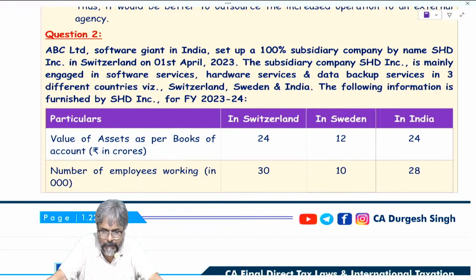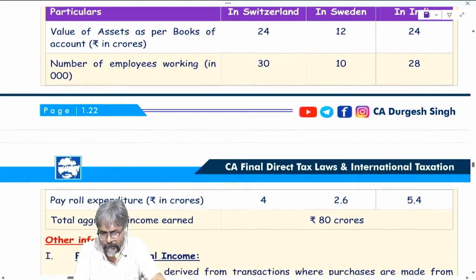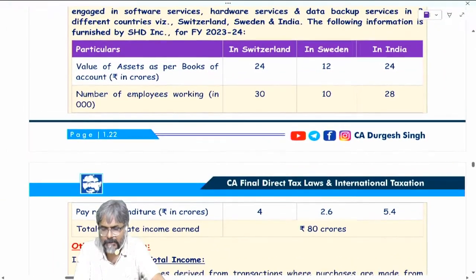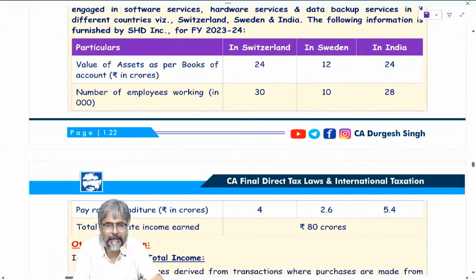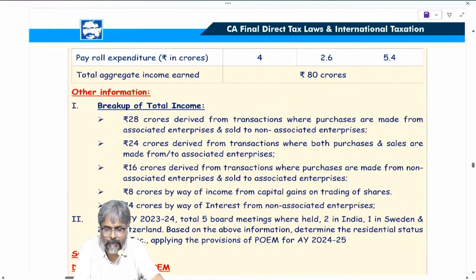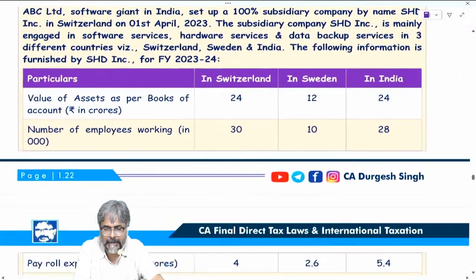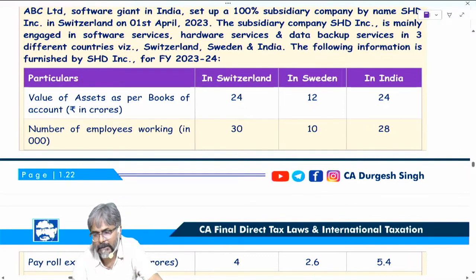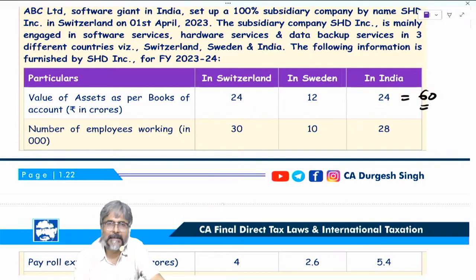Value of asset as per the books of accounts. Number of employees has been given to you. So obviously, friends, you know what to do, and the total aggregate of income. First of all, the outside India test, we can easily make out. So far as the outside India test is concerned, asset in India is 24 as compared to the total. How much is the total? So is it less than 50%?